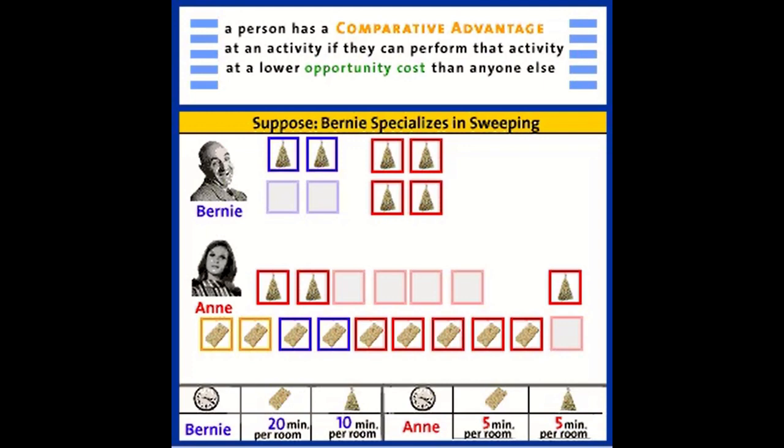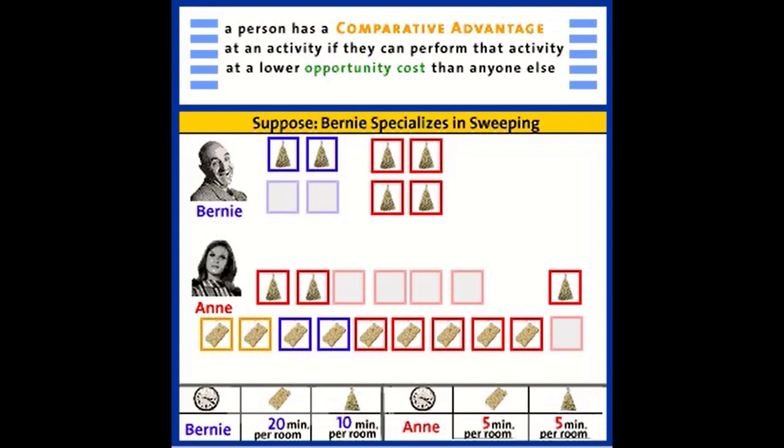I mean, certainly since we have 9 rooms clean now instead of 8 before, the 2 of them combined are able to make more money with their cleaning business. Anne could stay where she was before and leave Bernie with 3 rooms clean, and Anne would still have the same 6 rooms swept and scrubbed as before. It doesn't really matter who gets the benefit. That will be determined by which of these 2 is a more persuasive bargainer.